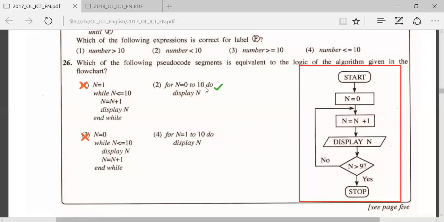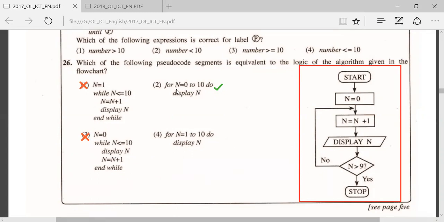Because the do command will do the increment statement automatically by 1. My question is whether there's an immediate display of 0 here, or after the increment the display is done. That is the question here.